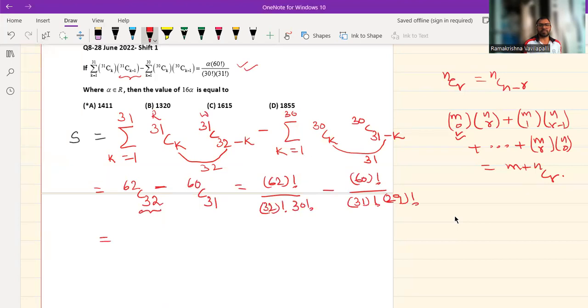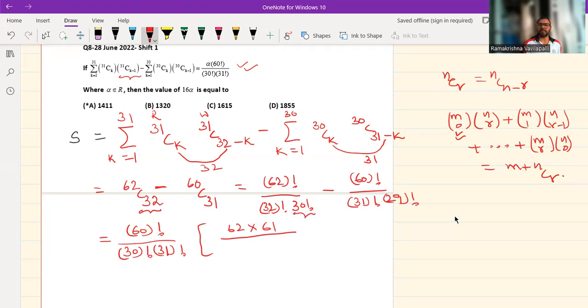This is equal to, we have to take 60 factorial common, so 60 factorial taken out. And we have to take 30 factorial common, and we have to take 31 factorial. So what is left here? 62 into 61, because in the numerator 60 factorial is taken out, and in the denominator 30 factorial is taken out.